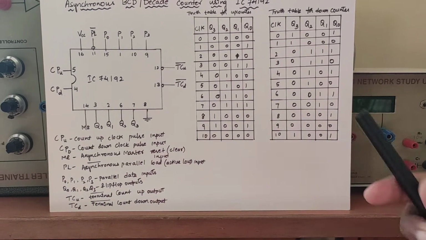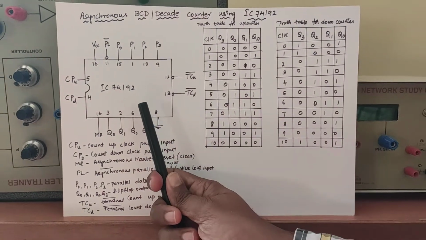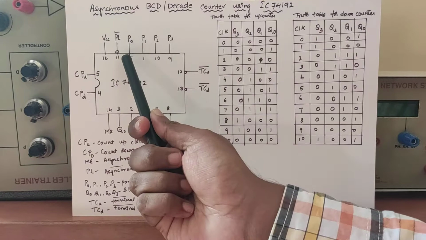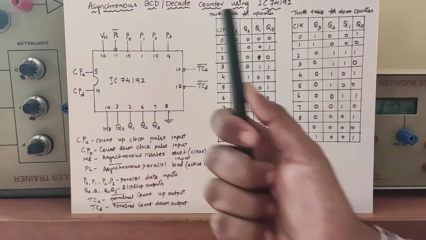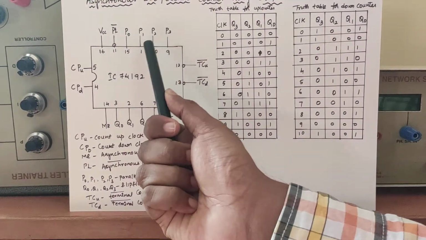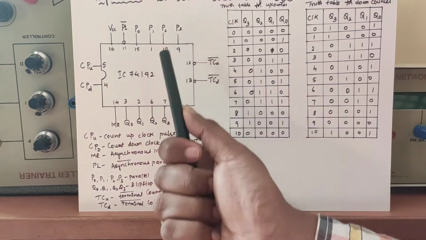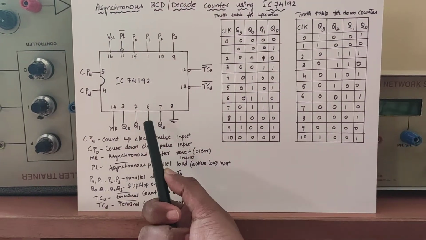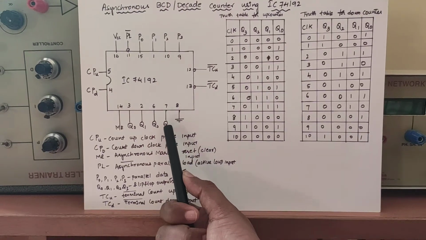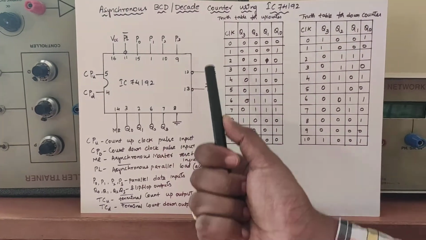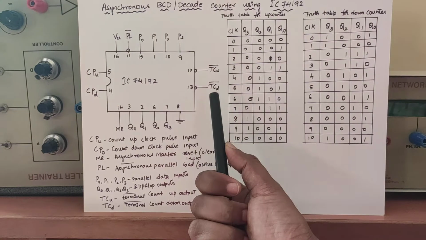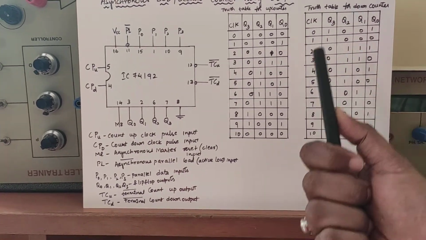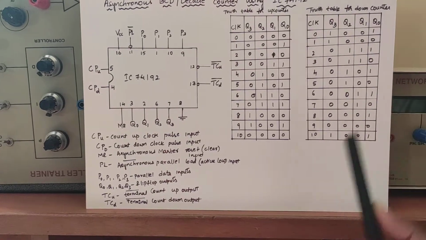So coming to the IC 74192, it is a 16-pin IC where there are 4 parallel data inputs P0, P1, P2, P3 and there are 4 outputs such as Q0, Q1, Q2, Q3. There are other pins such as TCU and TCD which are called the terminal count up output and terminal count down output.